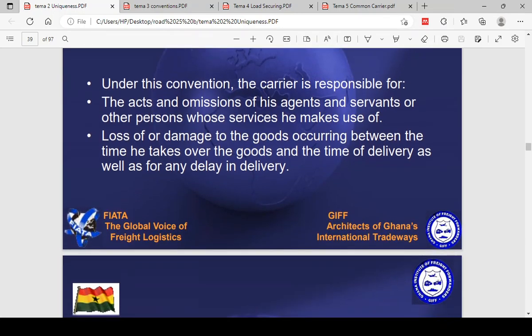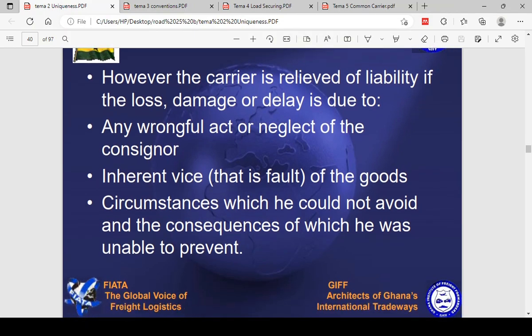However, the carrier is relieved of liability if the loss, damage, or delay is due to any wrongful act or neglect of the consignor, the one who is sending the goods. And if there's some inherent vice, that is a fault of the goods before you bring them for carriage, the carrier is not responsible.